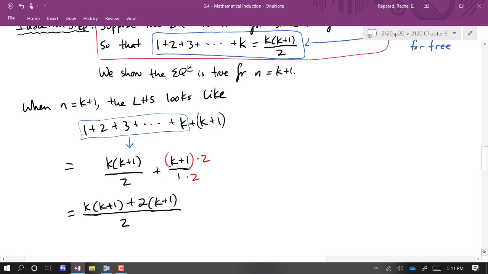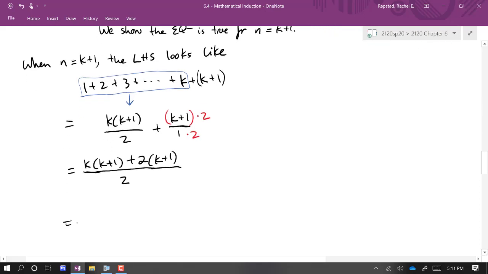I think that one thing we might observe here that makes quick work of this is that there's a common factor. Really what I'm doing here is I'm adding two products together, and those two products have a common factor of k plus 1. So I'm going to take it out.